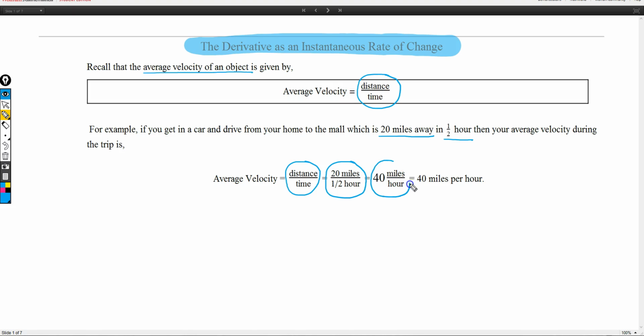And so your average velocity is going to be 40 miles per hour. Notice how the units remain as miles divided by hours, and we read that as miles per hour. So that would be your average velocity.